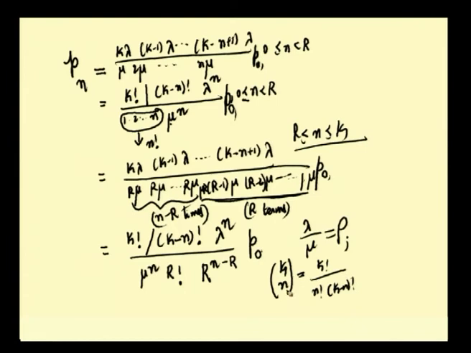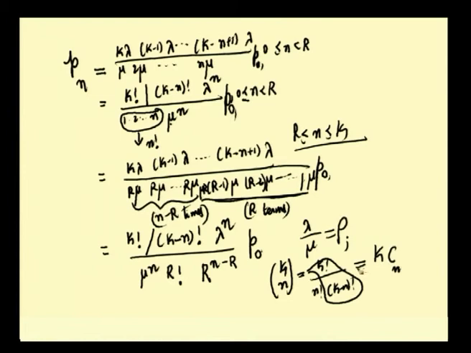So, what we have in these expressions is k factorial by k minus n factorial. What does that equal? That is equal to KCN into n factorial, taking the cross multiplication here.